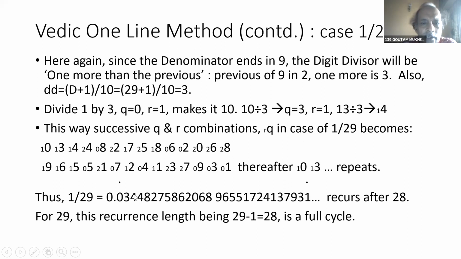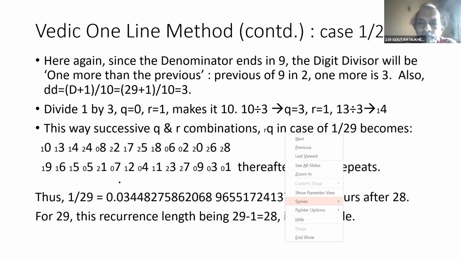I start dividing, and in the case of 23 by 29 I get 0.7931034482 and so on. You see 23 here. Likewise, you will be able to do it.